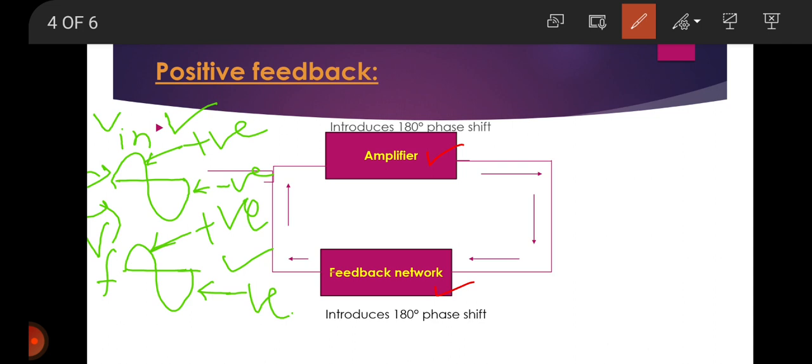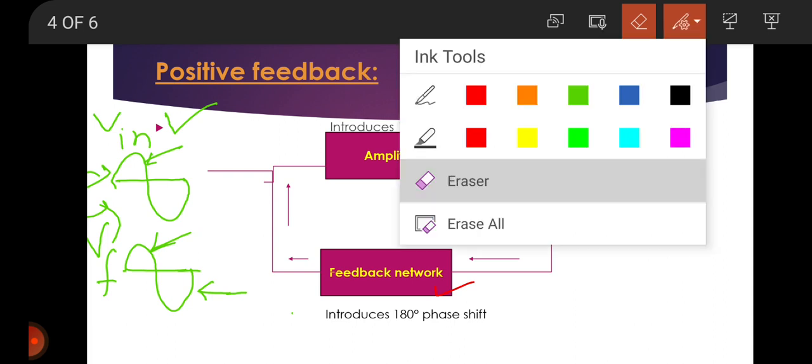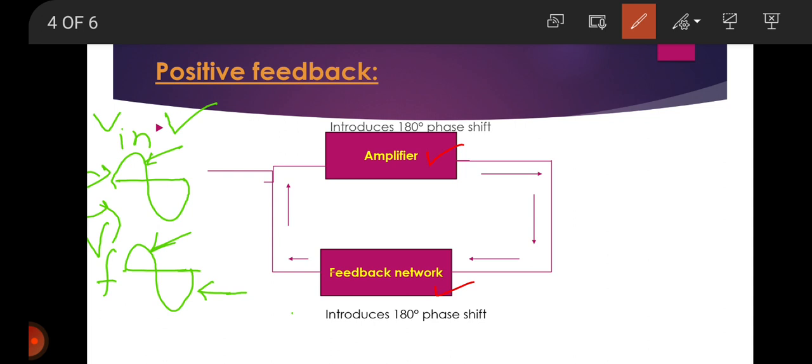So how is it done? See here, if we apply this input voltage to the amplifier, then the amplifier introduces a 180 degree phase shift. So our wave is like this. This is applied to the feedback network.